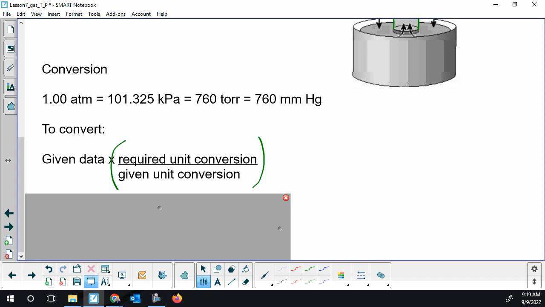Now, when I say equivalent to each other, in math, you might see something like 100 centimeters is 1 meter, or 1 meter is 100 centimeters.